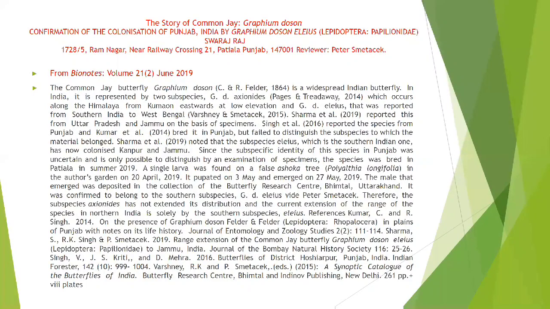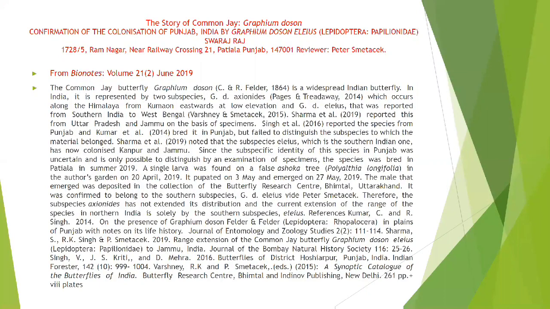One was axiomides, which belongs to the Himalayas from Kumaon onwards, and the other one was Graphium doson eluis, which was from South India. So I reared it and I talked to Peter Smetacek about it, and he told me to preserve the specimen and send it to him for proper scientific investigation, which I did.